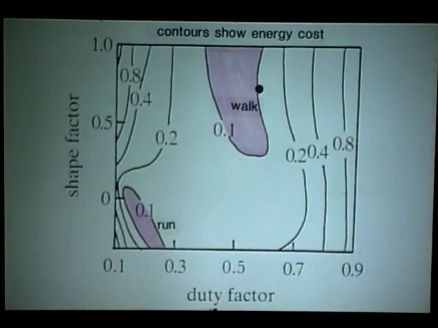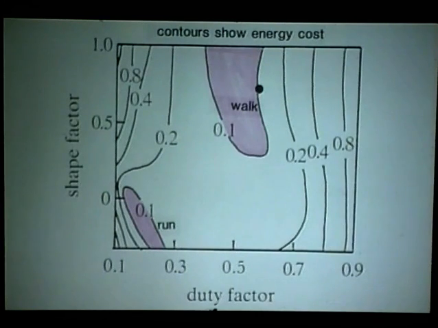Do you see that that's telling you that you can get a low energy cost by running if you make the duty factor very, very low, if you have your foot on the ground for only a tiny fraction of the stride. Now, the shorter the time that your foot's on the ground, the bigger the force it's going to have to exert so that the average force over a complete stride outbalances body weight.